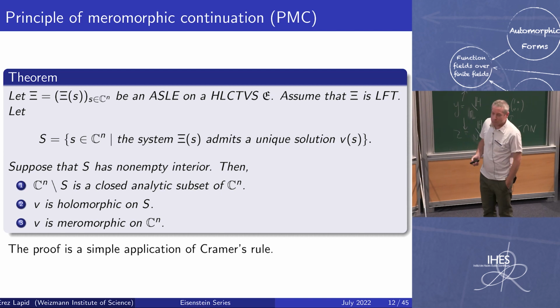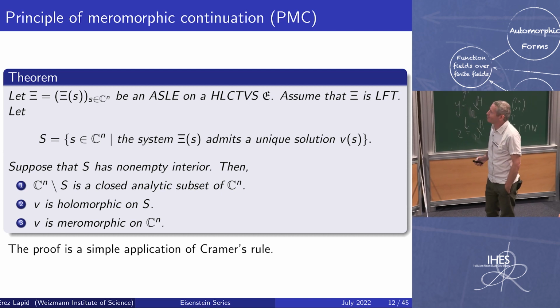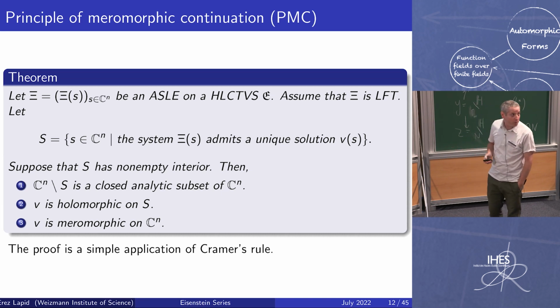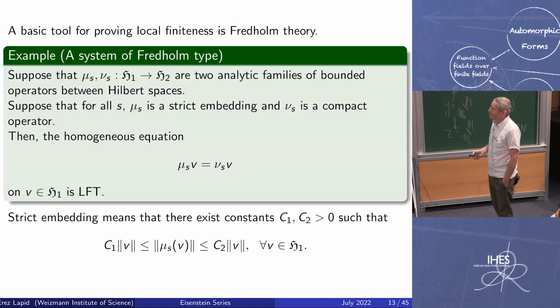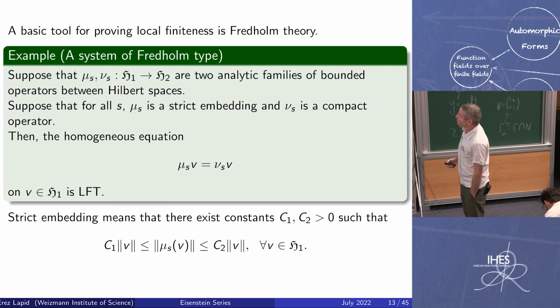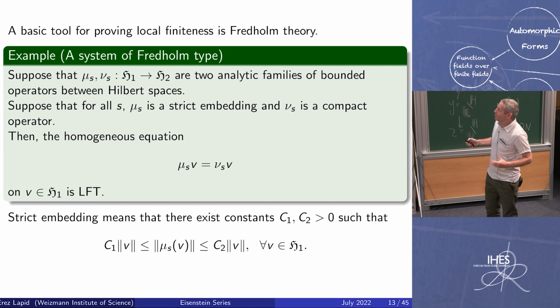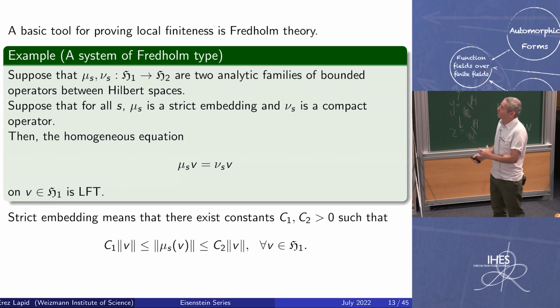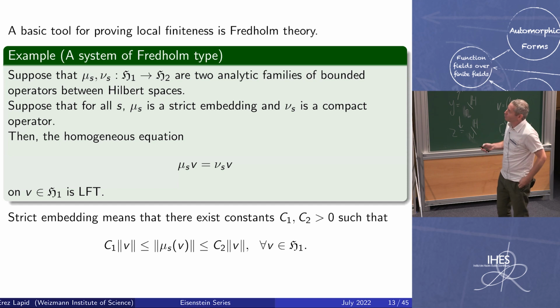Okay, now before we go back, we have to check some conditions of local finite type. So how do you check locally finite type? We also have to check uniqueness, of course, but what about the local finiteness? The easiest way to come up with systems of locally finite type is Fredholm theory. So what is a system of Fredholm type? This is just an ad hoc definition, if you like.